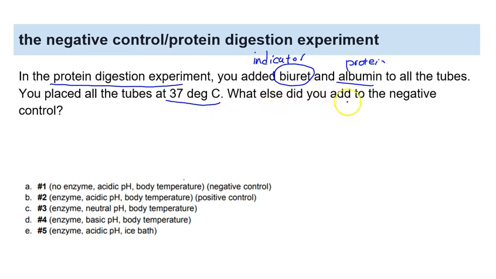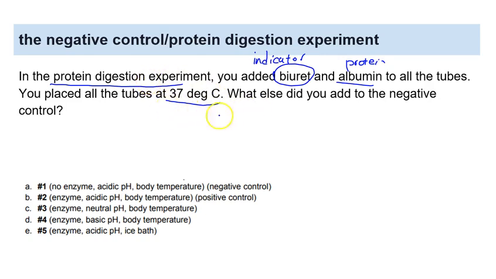And what else did you add to the negative control? The negative control is the group where we are sure that nothing is going to happen because we did not add the enzyme for protein digestion to happen.